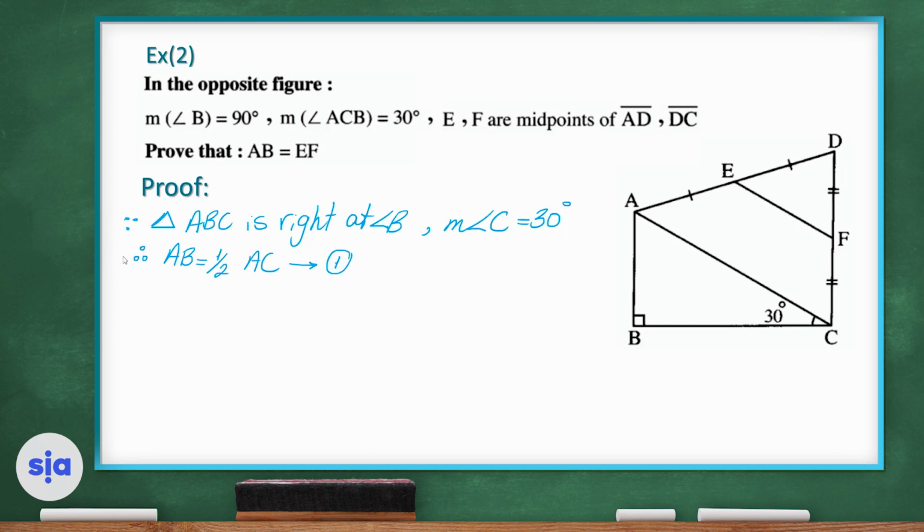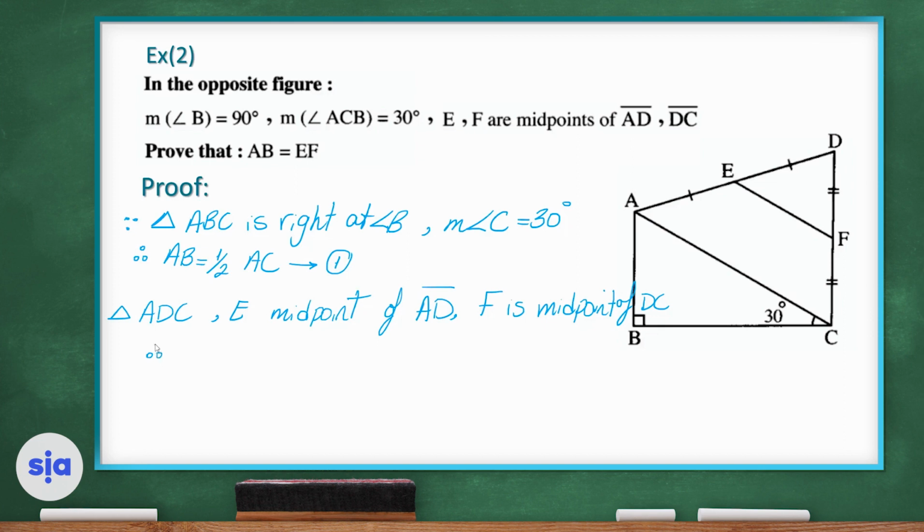In triangle ADC, point E is a midpoint of AD, where point F is a midpoint of DC.